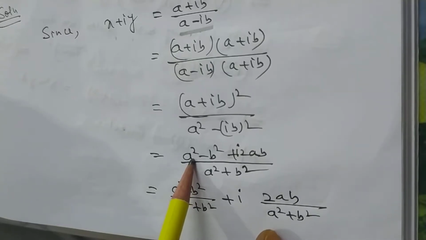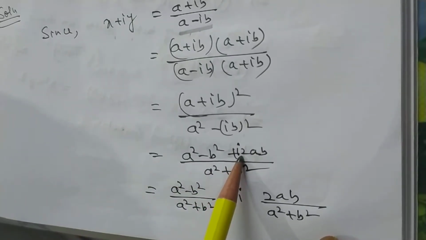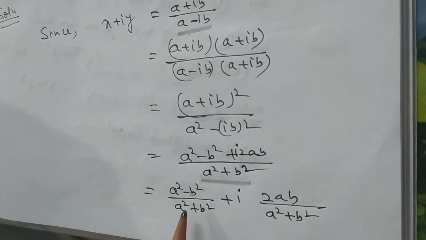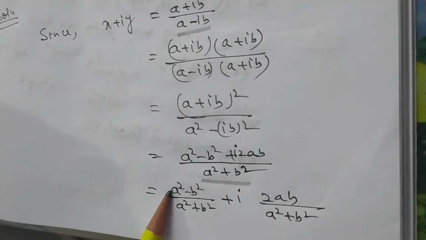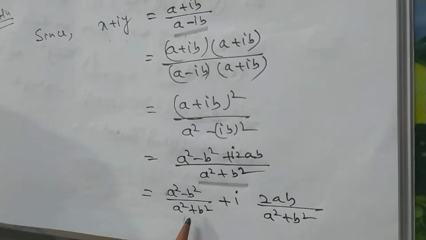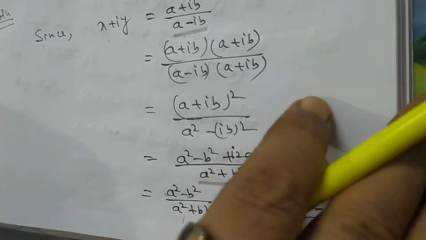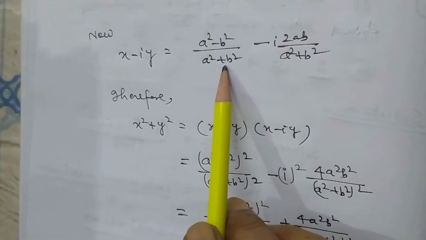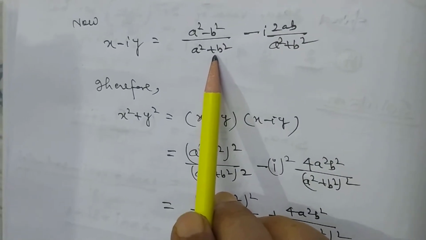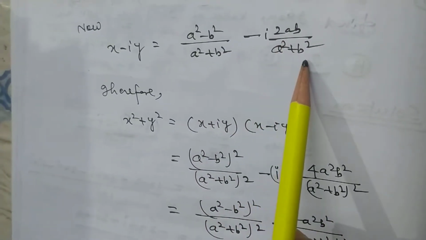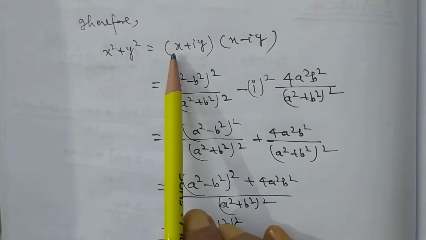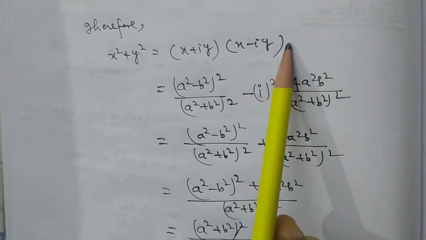And it will be a squared minus b squared plus 2iab divided by a squared plus b squared. That is, a squared minus b squared divided by a squared plus b squared, plus i times 2ab over a squared plus b squared. Now, x minus iy is equal to a squared minus b squared over a squared plus b squared, minus i times 2ab over a squared plus b squared. Therefore, x squared plus y squared is equal to x plus iy into x minus iy.